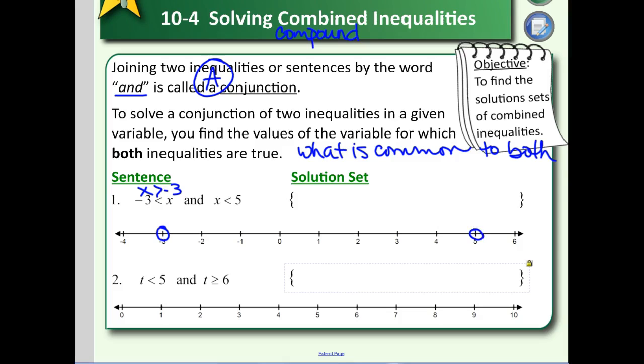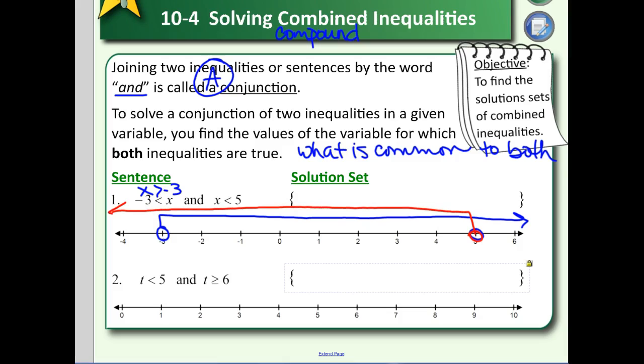Now, this inequality is going to go this way, and then when we get to x is less than 5, I'll use a different color, and this inequality is going to go this way. And remember, if it's an "and," we only want the part that's common to both. We want where those graphs overlap.